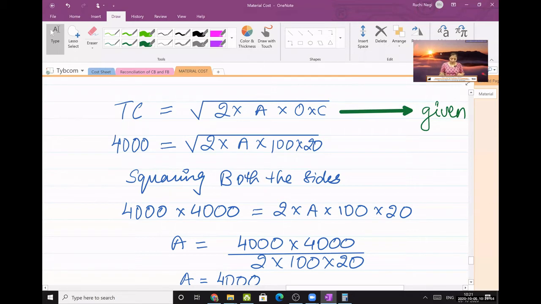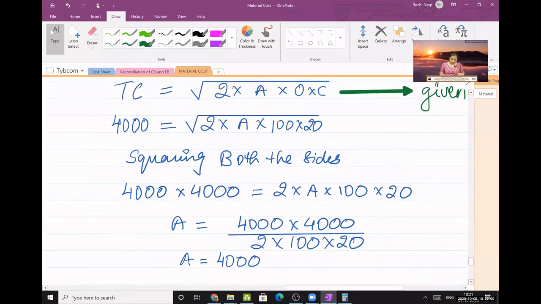Why will I square both the sides? So that the square root sign goes away. That's the logic. So 4,000 will come 2 times because I'm squaring it, and the square root sign will go away from here. See, there is no square root sign now. Because I have squared both the sides. Solve the equation.